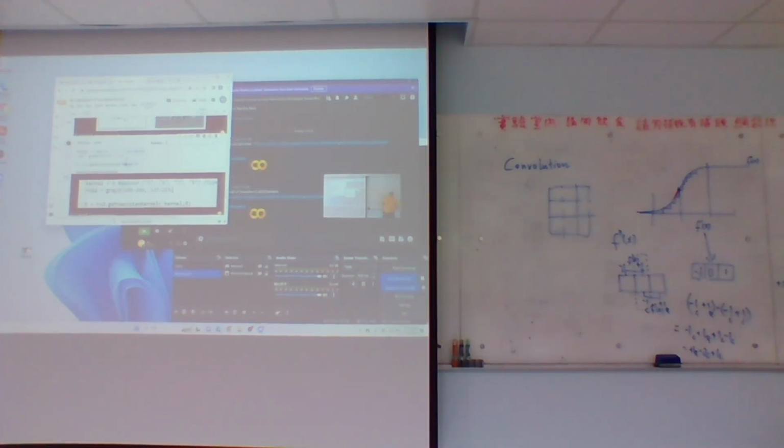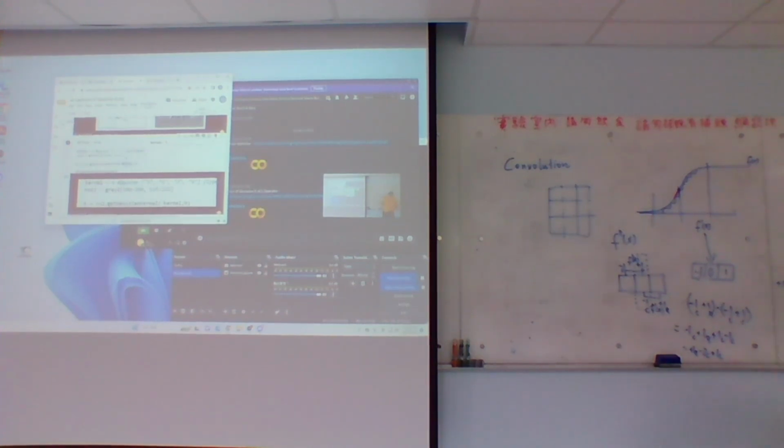That means I can put more weight on the pixels that are close by and less weight on the pixels at the edges. So instead of equal weights, I can play around with the weights, putting more weight onto the center pixel and less weight onto other pixels.